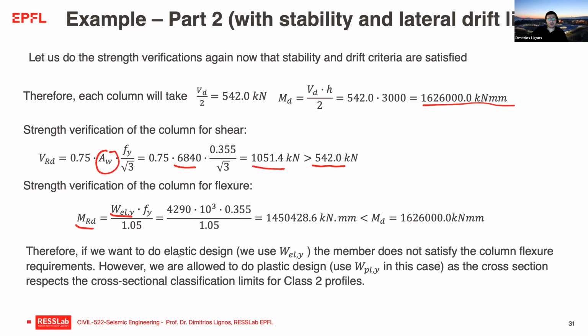So if we want to do an elastic design, the member does not satisfy the column flexure requirements. However, because we are allowed to do plastic design in this case, we can use W plastic instead of W elastic here, as the cross-section respects the cross-sectional classification limits for class 2 profiles.